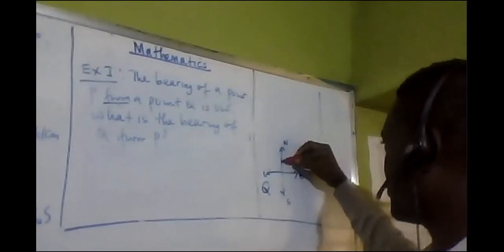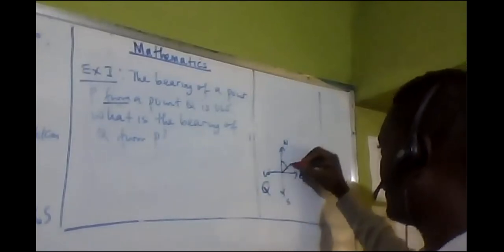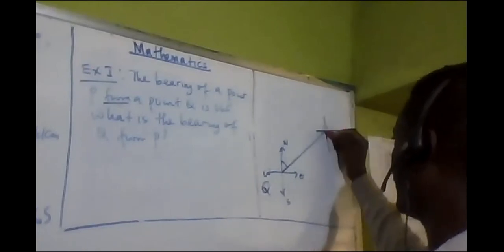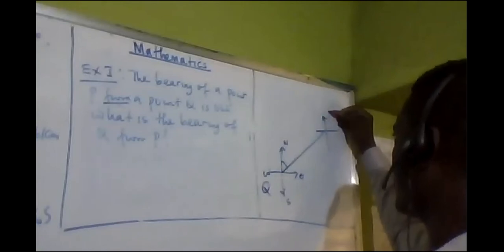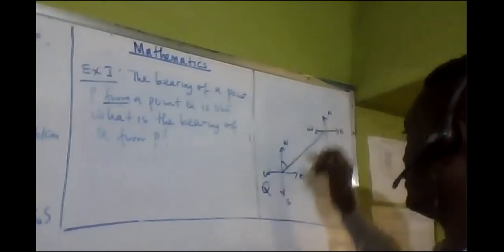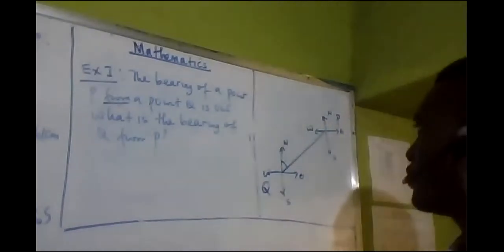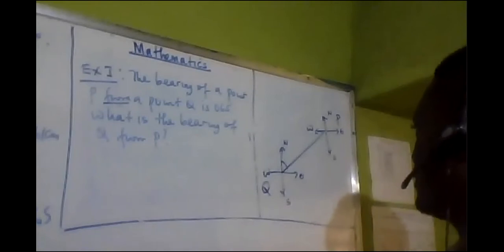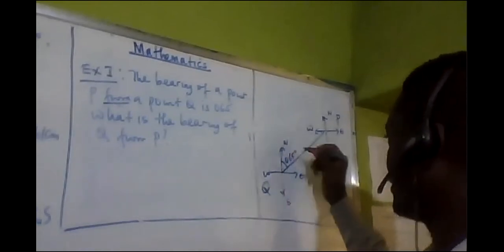The bearing is from Q, so 65 goes upwards from the middle. This is P. So the bearing of a point P from Q is 65 degrees.